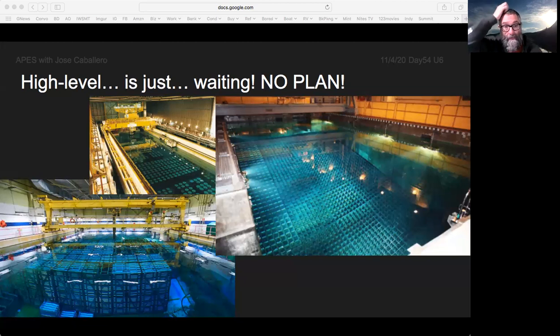Like, we've been making this stuff since the 60s and 70s, and we don't have a place to put it. We really don't know. Fuel rods only last so long. You make the fuel rods, and then they give off a lot of heat, and now they're super radioactive, and then you got to put them somewhere. So old nuclear power plants have these giant pools where they keep putting all the spent fuel, and they're like, I guess we got to start another one, and they just keep piling it up.